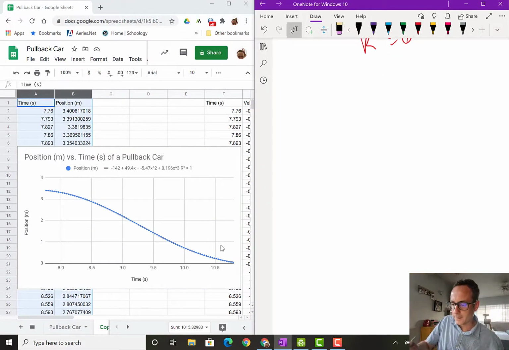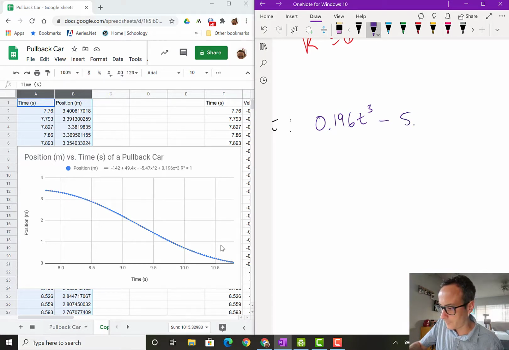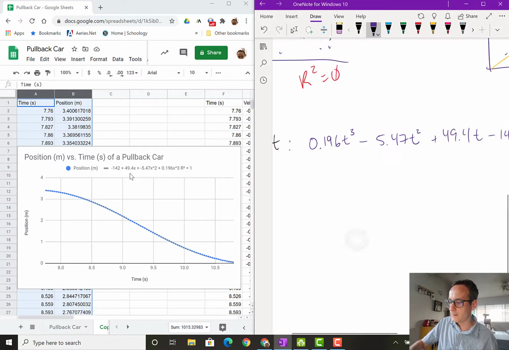For the position versus time, the equation we got is, let's see, I'll write it this way: 0.196 t cubed, minus 5.47 t squared, plus 49.4 t, minus 142. Okay, so that's our equation.